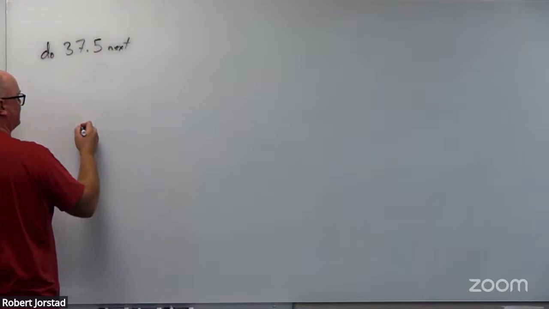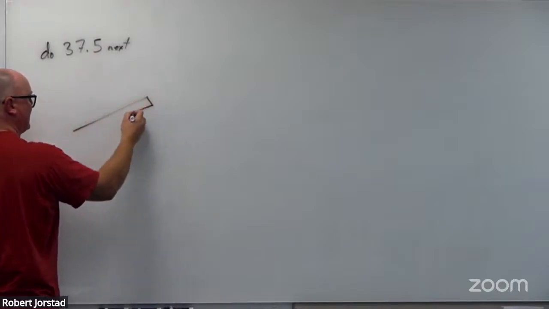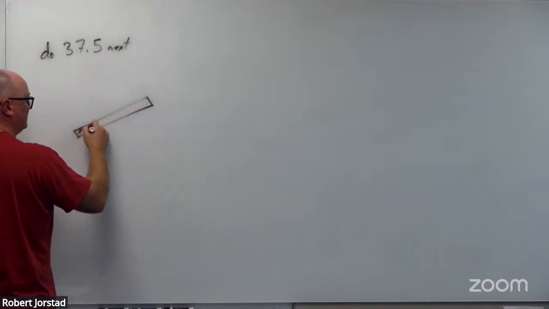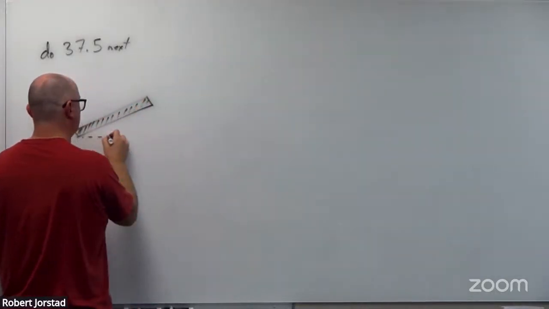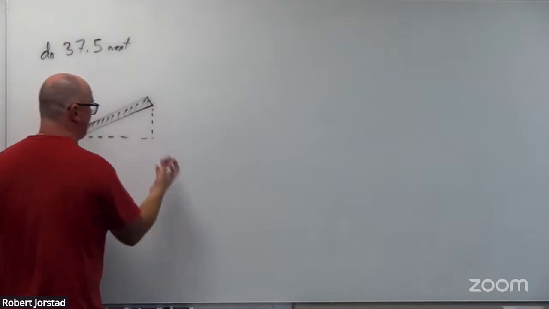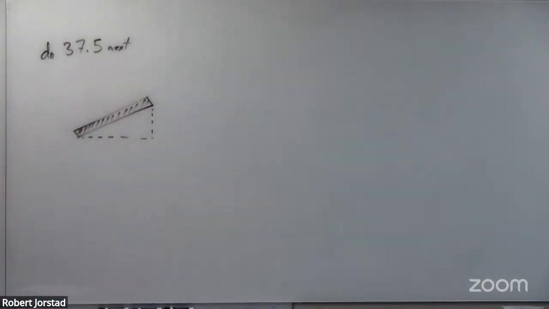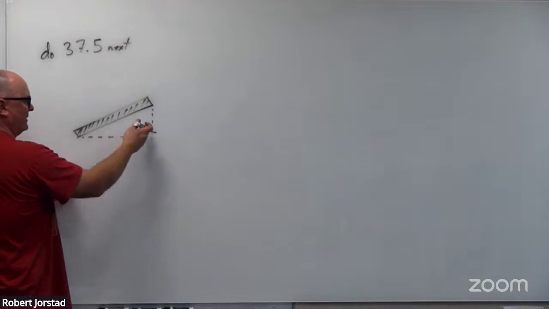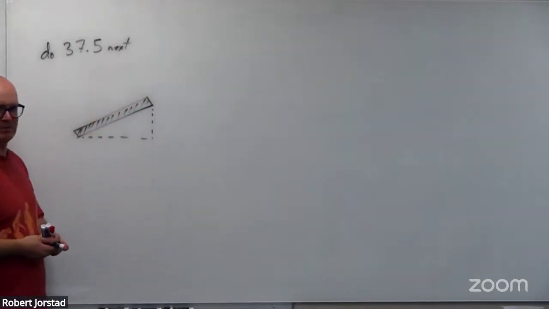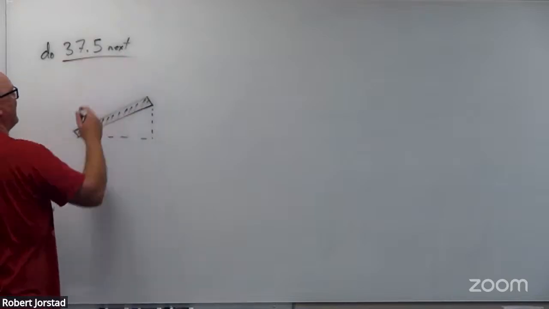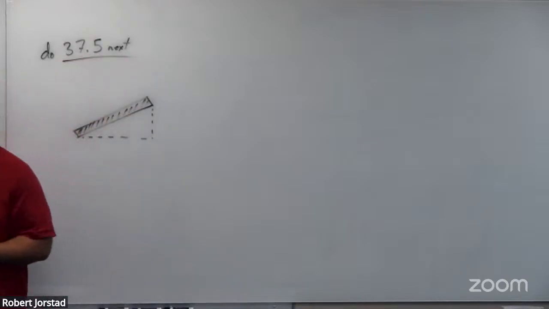And so this is a classic problem where the rod is at an angle. When you have this situation, a similar type problem, what will happen is this dimension will shrink, but the height won't. And so that changes the angle. And so you can practice this problem in 37.5 next, all right? Let's go ahead and leave that.